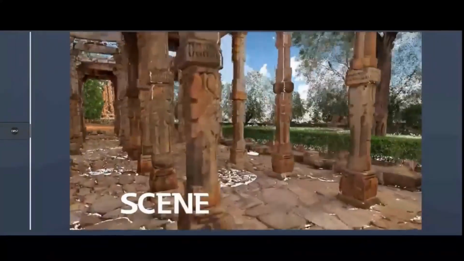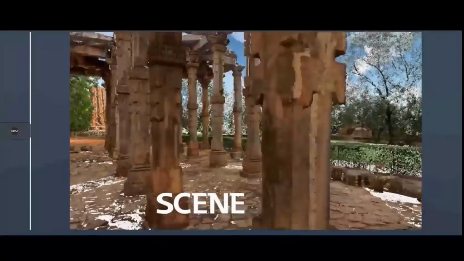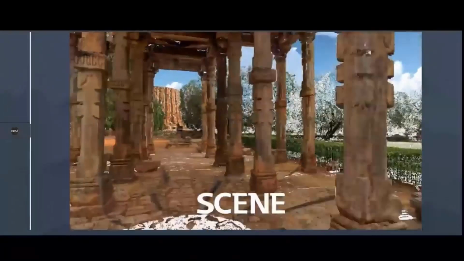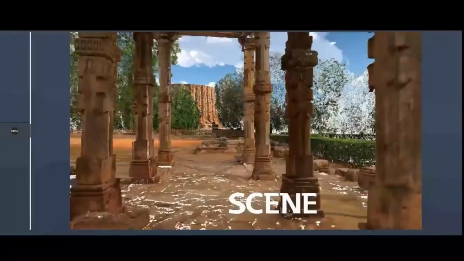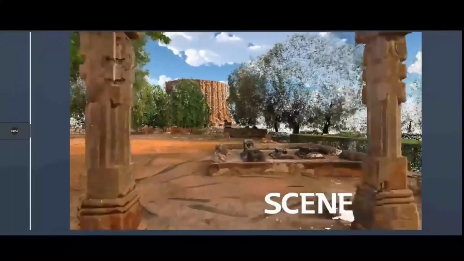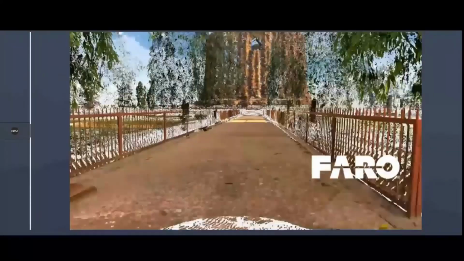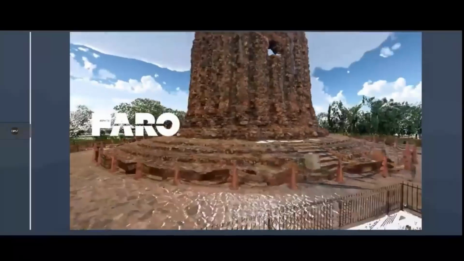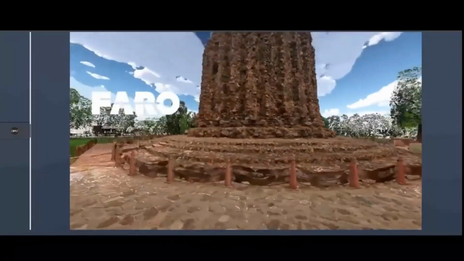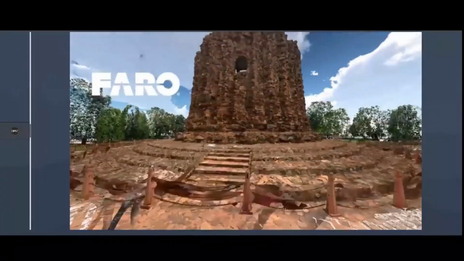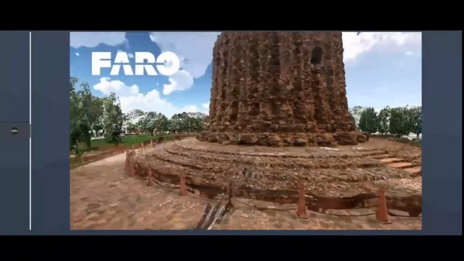These are the pillars that I was talking about, the pillared gallery. In the coming slides, I will be telling you more. That is Alai Minar, the incomplete minar within the Qutub complex area. This is Alai Minar.